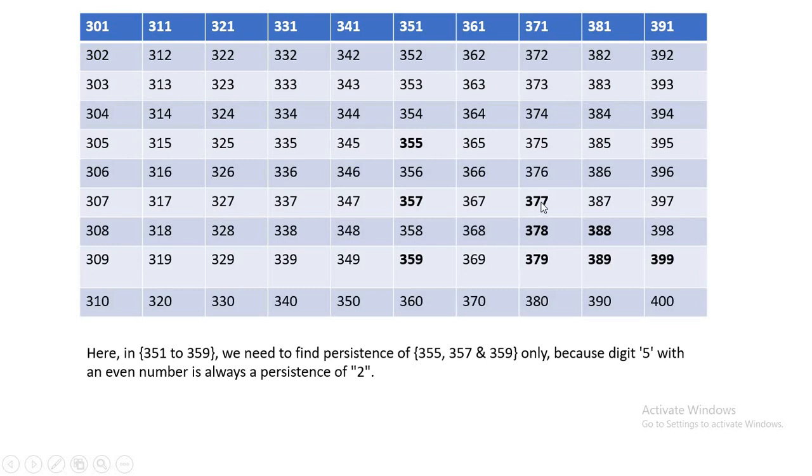Then why have we not taken 356? Because 5 is with an even digit, and this will be of persistence 2. Now 360s were not included in the case. 370s were included. 377, 378, 379, 388, 389, 399. So 6 numbers here and 9 numbers from 300 to 400.